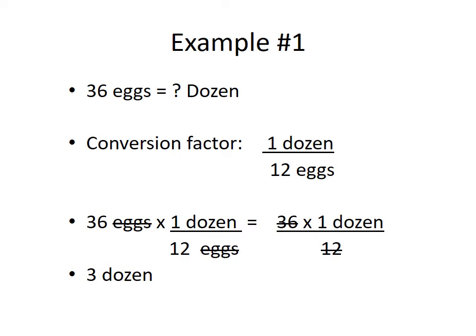Determine the conversion factor. For 36 eggs, the conversion factor is 1 dozen by 12 eggs. So here eggs will be cancelled, and it will be 3 dozen. We need dozen, so we will keep it up.